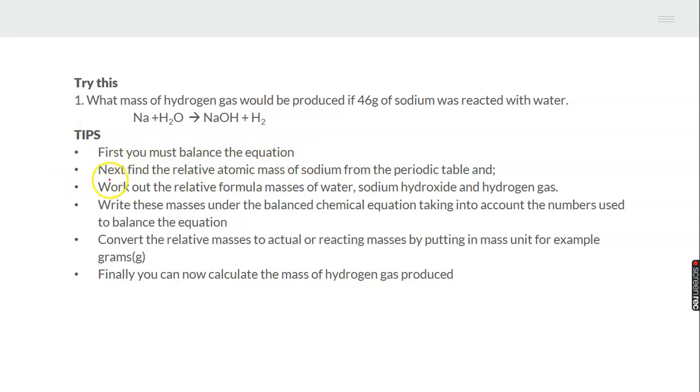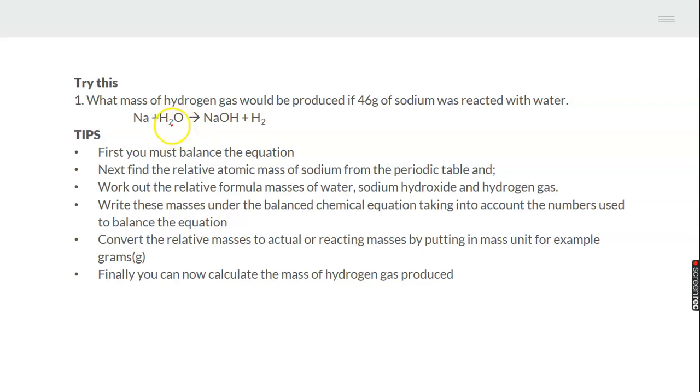The next step is that you find the relative atomic mass of sodium. You can get that from your periodic table. By now you should know sodium is 23. And work out the relative formula mass of water. How can you work it out? Water has 2 atoms of hydrogen and 1 atom of oxygen.